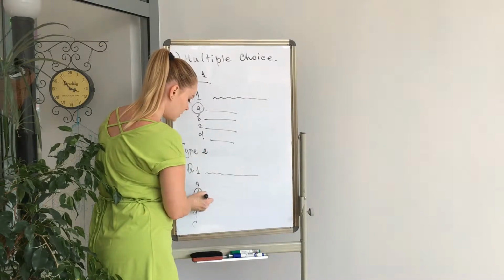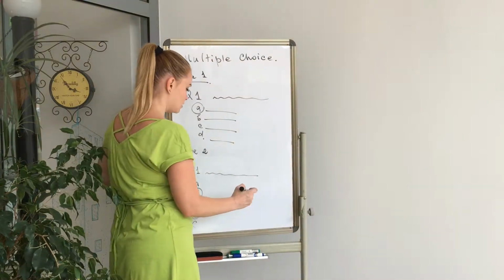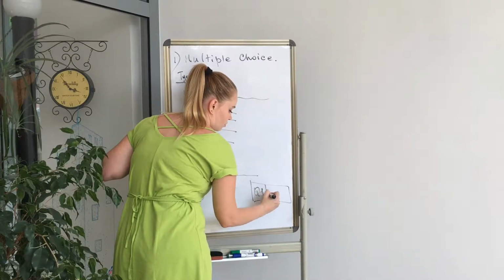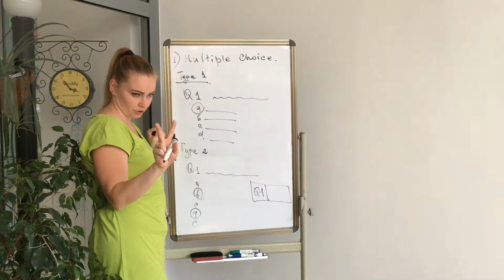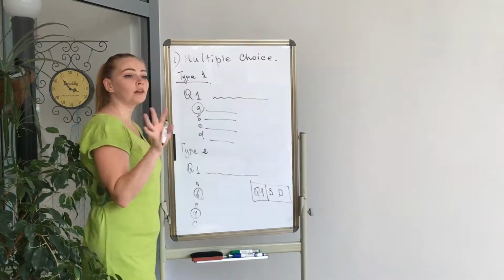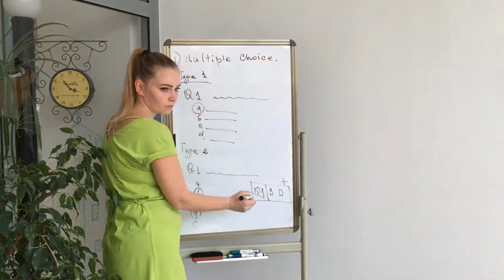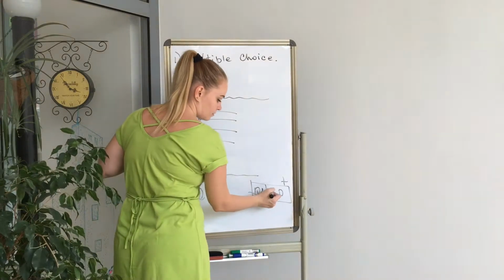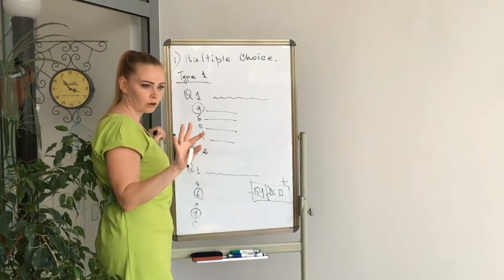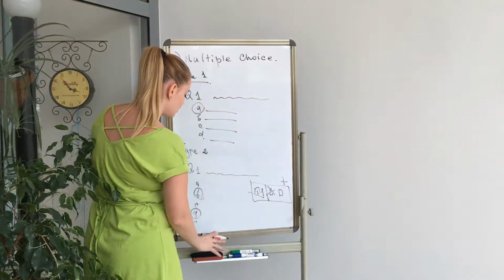For example, B and D should be the correct answers, and in your answer sheet you're going to put both letters. For example, B and D. And only in this case you get your point for this question. If one is incorrect, or if you put just one of them, you're not counted any points, yes? So this is type number 2.